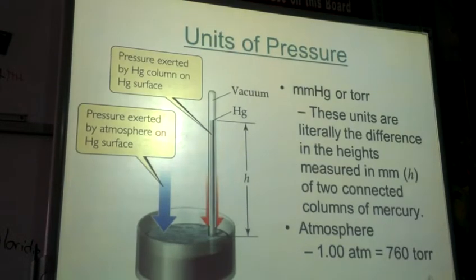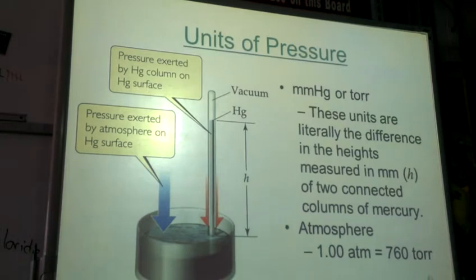Okay, we can measure atmospheric pressure using a barometer. The barometer was developed by a scientist named Torricelli, and ultimately what happened was Torricelli had just a little bowl of liquid mercury.